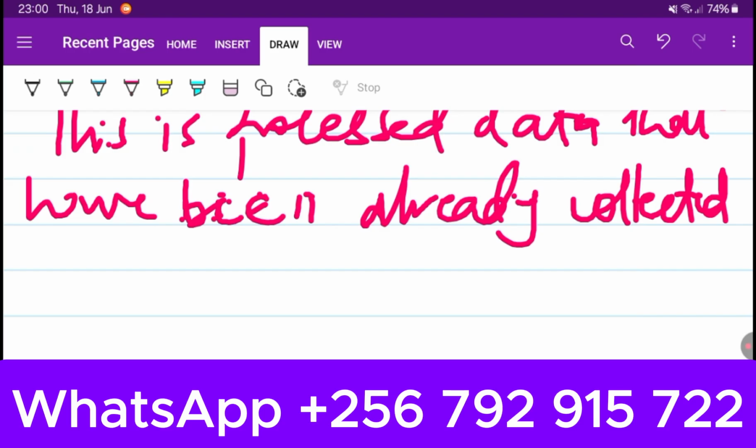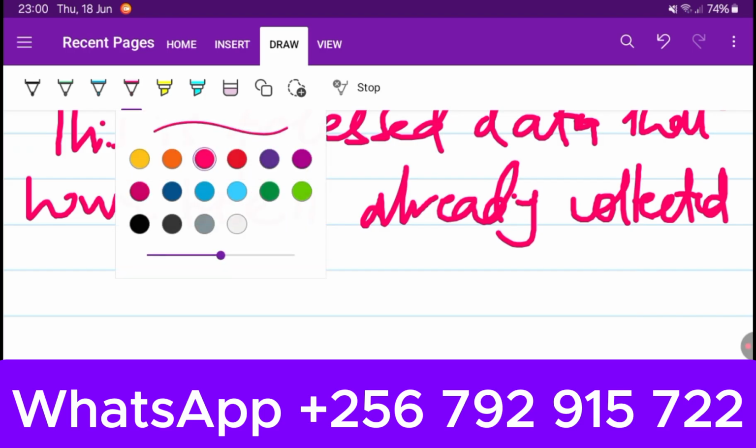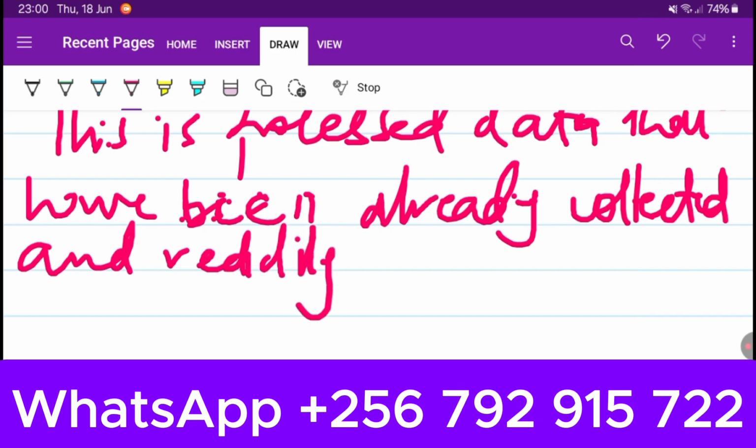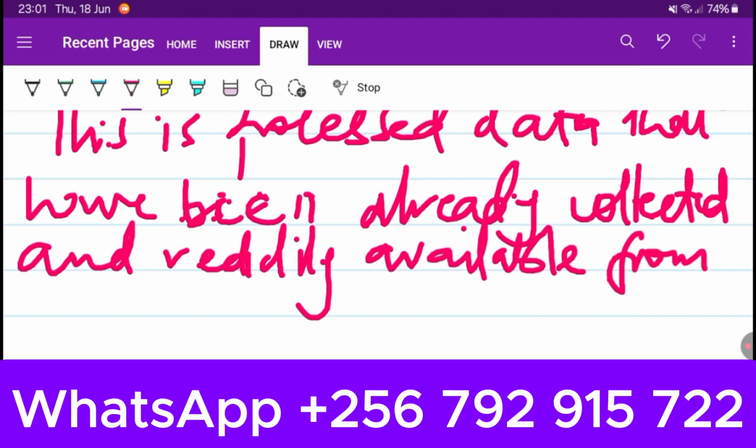Processed data that have been already collected and readily available from other sources.